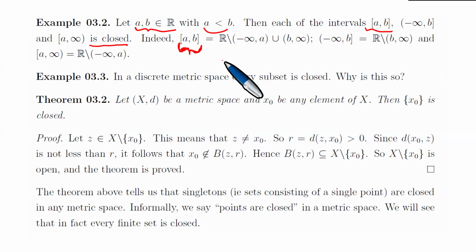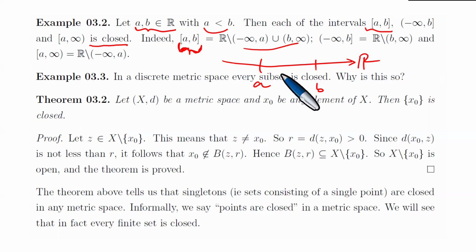So obviously we're arguing that if you take [a, b], and then you take the whole of R, you subtract it from R. If this is R, and that is a and b, you take essentially the complement.